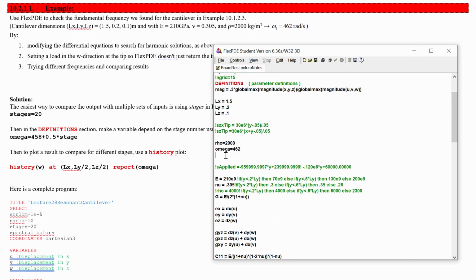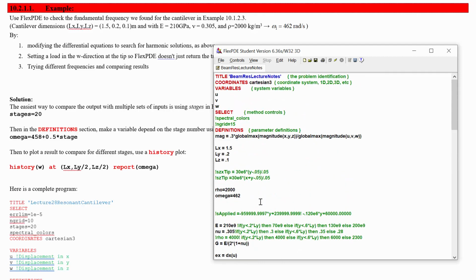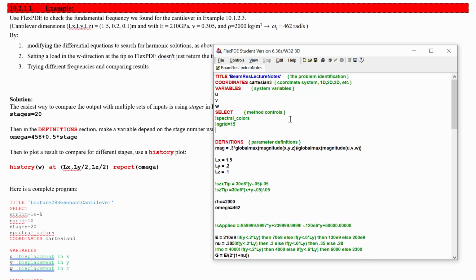We can make a plot of displacement versus position at different frequencies by first putting in a number of different stages to run the problem at. So under the select section, we'll say stages equals, let's say 10. And here we'll say omega is equal to, let's imagine we don't know what it is, 100 times stage.